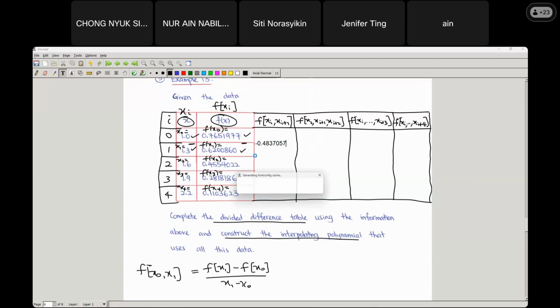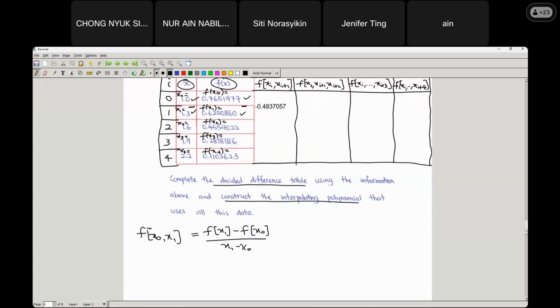The next one is in between f(x1) and x2. Why do I write like that? Because the next calculation for the first divided difference will be f(x1, x2). The formula is f(x2) minus f(x1).